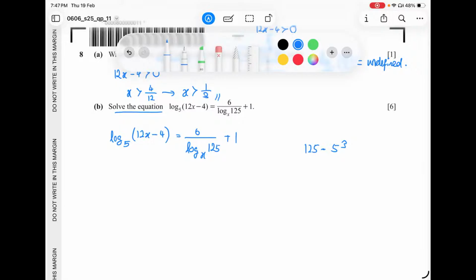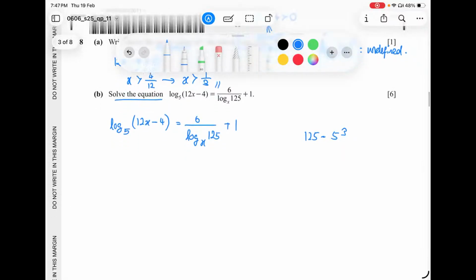Now what we do is we can make this the denominator of this. If we move it to the top, we'll get log base 125 of x. So let's just do that here. Log 5 of 12x minus 4 equals 6 over log 125 of x plus 1.